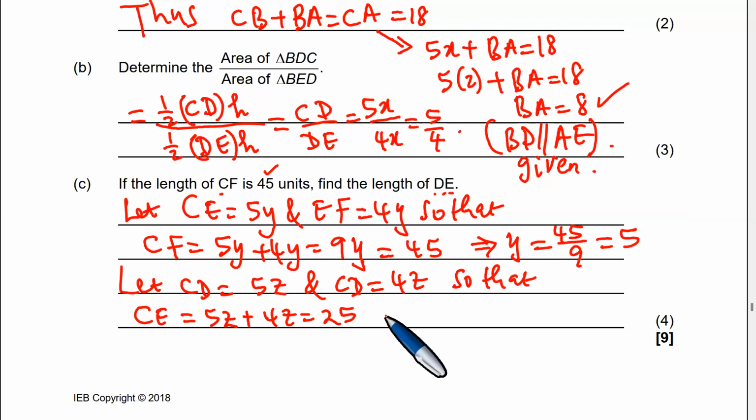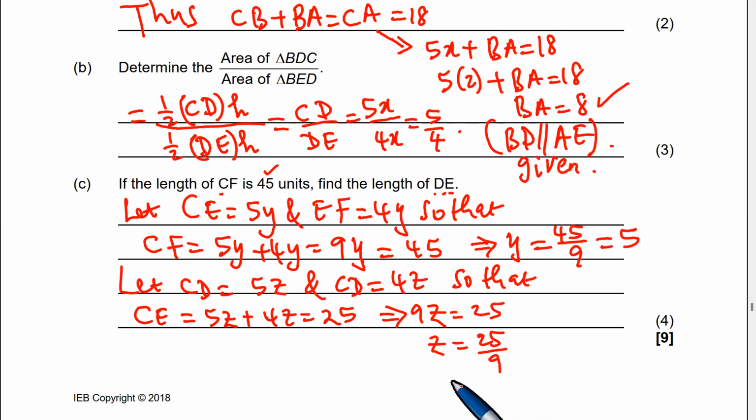And if this is the case, what is the meaning? This is already 9Z is 25, which means Z is 25 over 9.